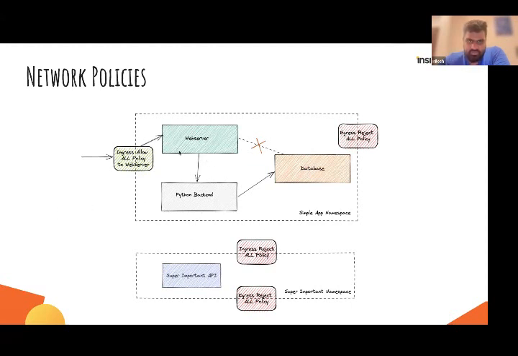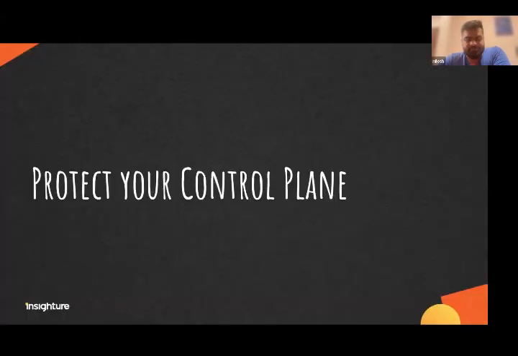So if it's exploited, only this one is exploited. They have to do more work to exploit this one in order to attack this, but even if all three are infected, they cannot reach this one. So that's what network policies do. So that's it about protecting, or hardening, your microservices.